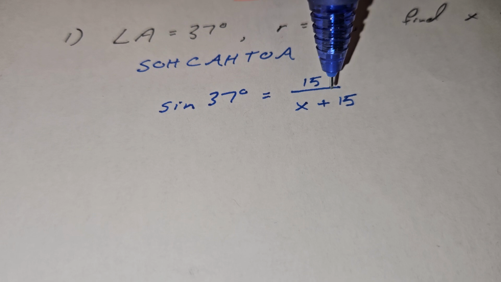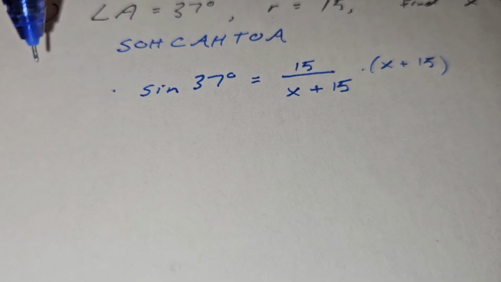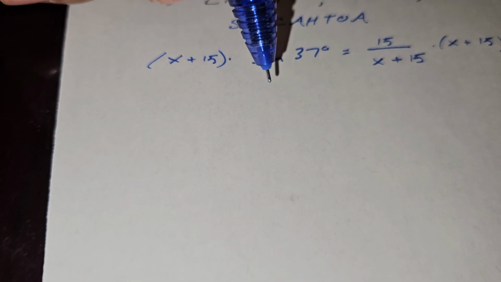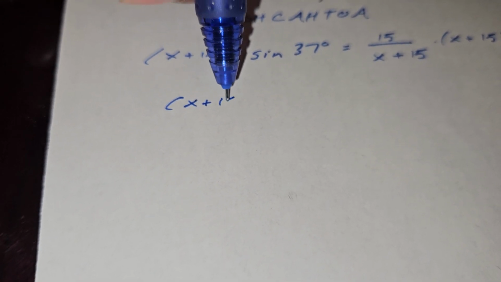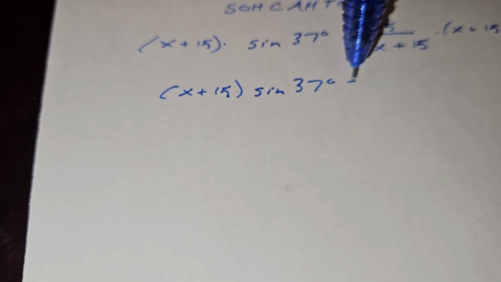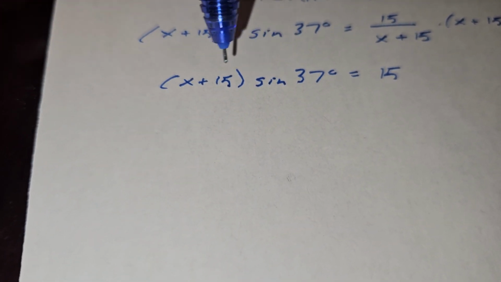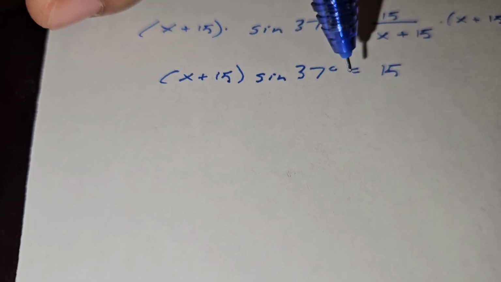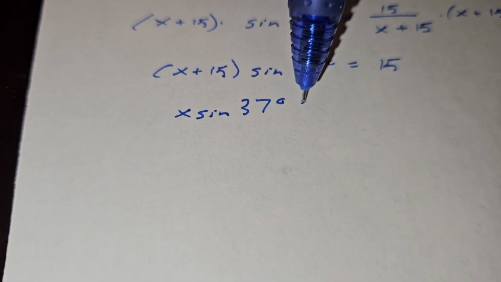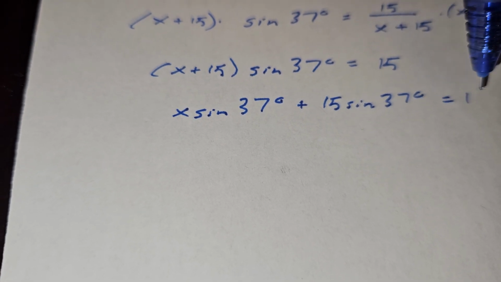So let's multiply x plus 15 to both sides. This is just some basic algebra. So now we have x plus 15 times sine of 37 degrees is equal to 15. Let's use the distributive property. So we have x times sine of 37 degrees plus 15 times sine 37 degrees is equal to 15.